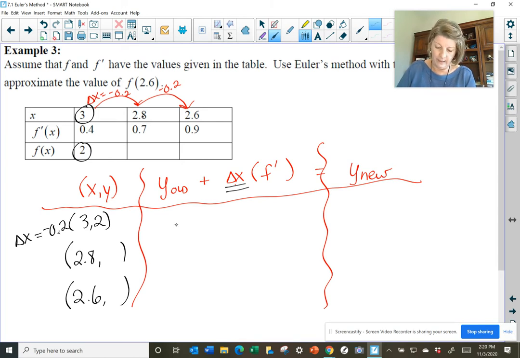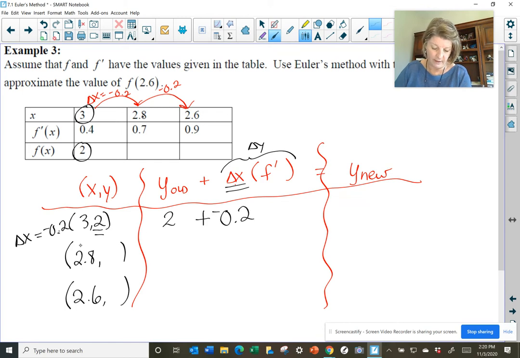So getting it all started, my y old is my beginning y value. I start with 2, and I've got to add to it. Remember, this all represents the change in y that occurs. So I take negative 0.2, because we're decreasing in x values, and I multiply it by f prime of 3. F prime of 3 comes in at 0.4, doesn't it?